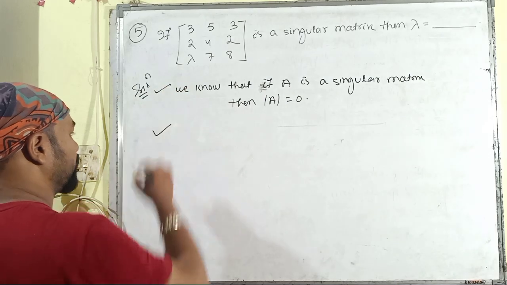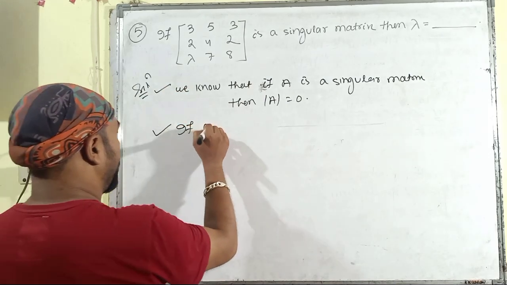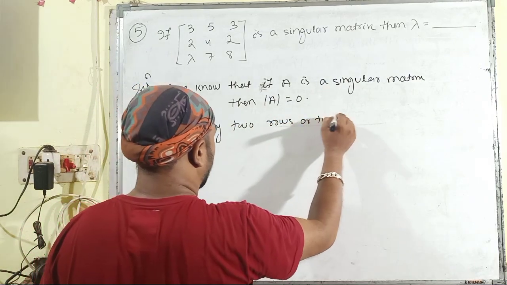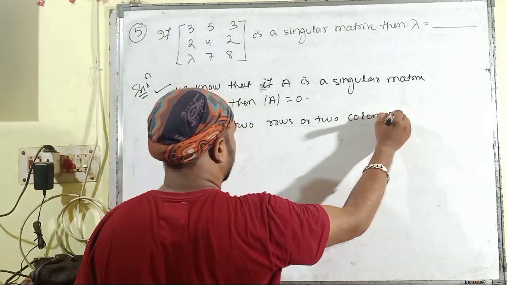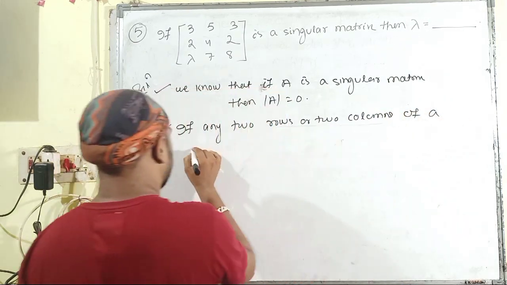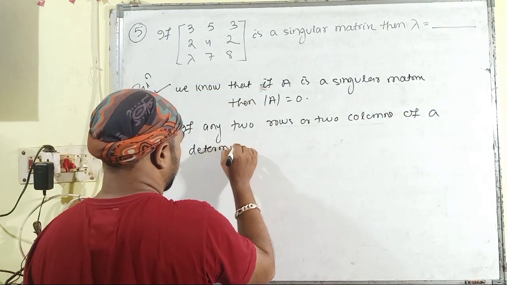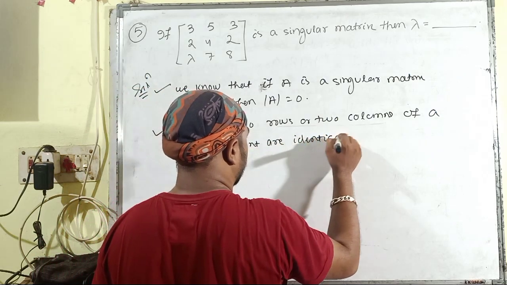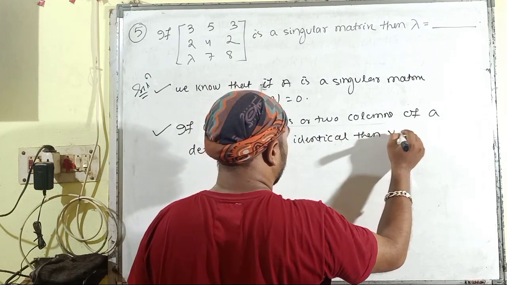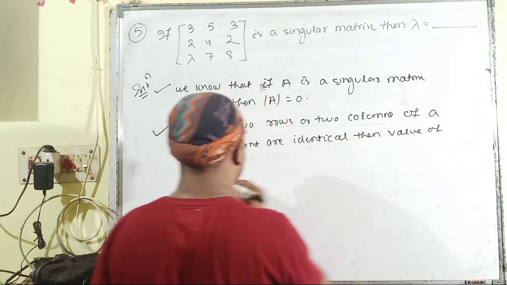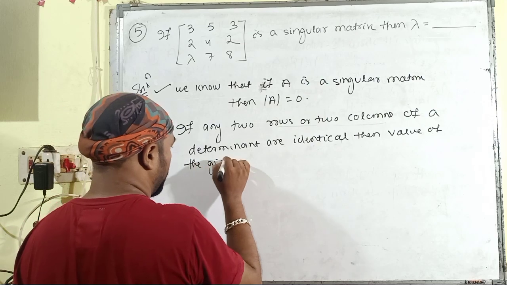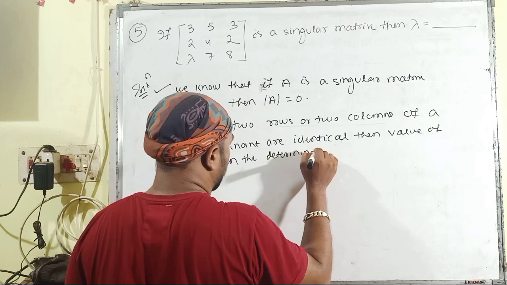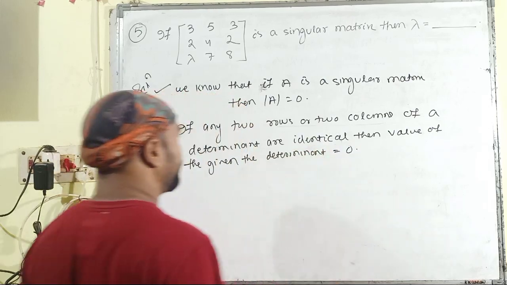Again, moving to the second concept: if any two rows or two columns of a determinant are identical, then the value of the given determinant is equal to 0.